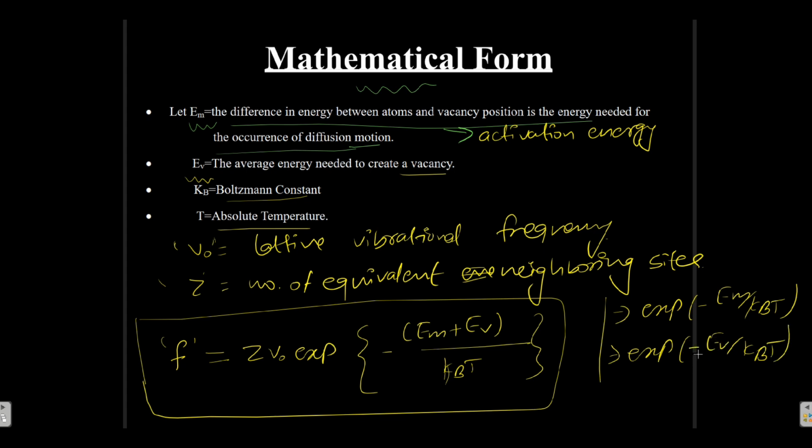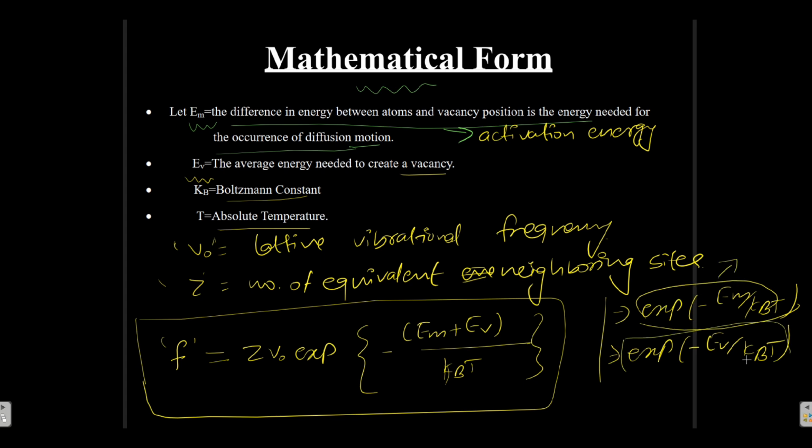These are the two forms that are used over here, right? So what is the meaning of that? The first term over here is actually the fraction of time at which the atom has sufficient energy to cross the barrier.